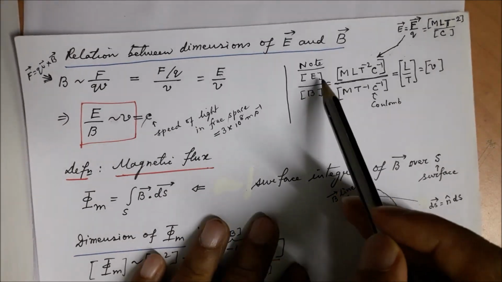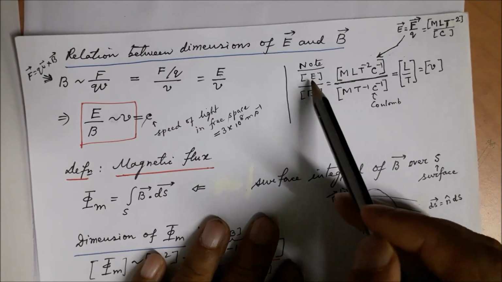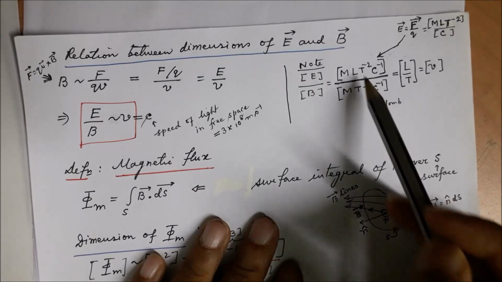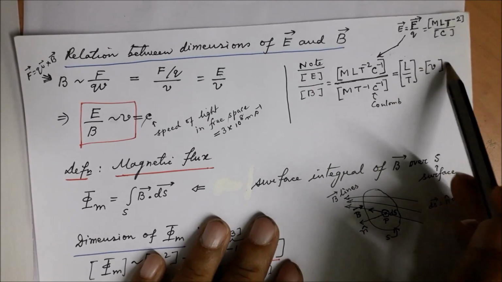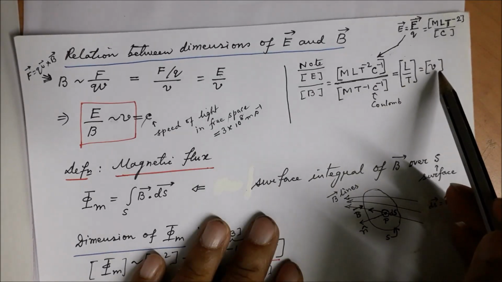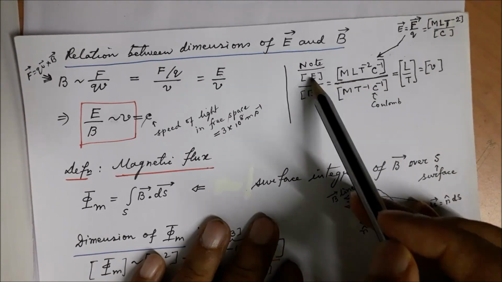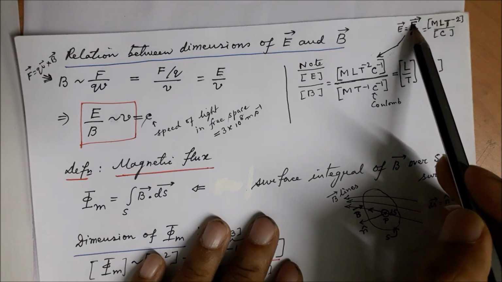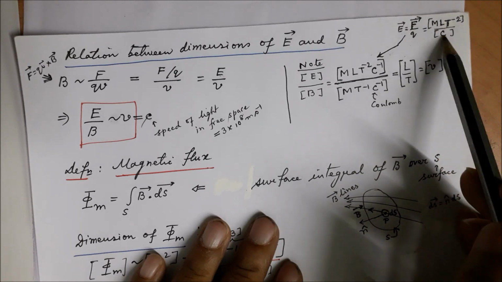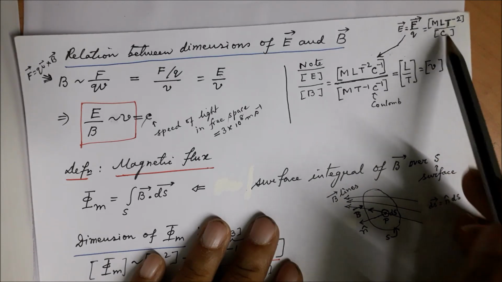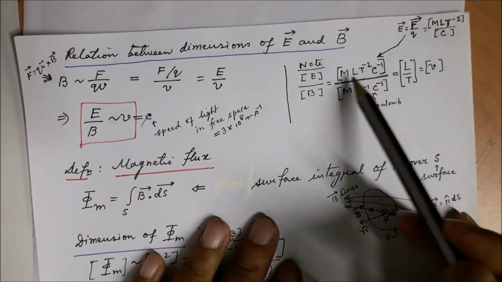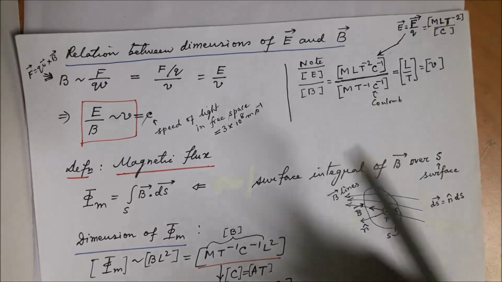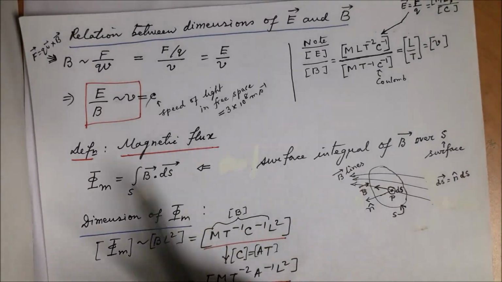When we replace E by its dimension, B by its dimension, and take a ratio, we end up with the same result, L by T is V. And the dimension of E follows from Coulomb's law. We replace F by its dimension, Q by the Coulomb, and simplify it to end up with this dimension. So we get the same result in both cases, and we have to get it.